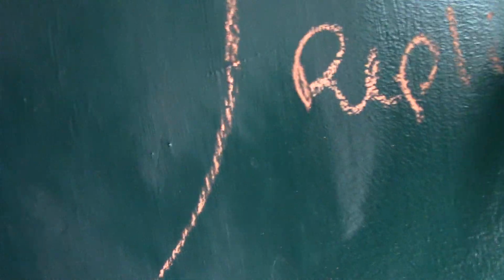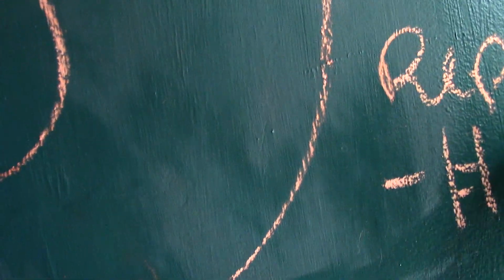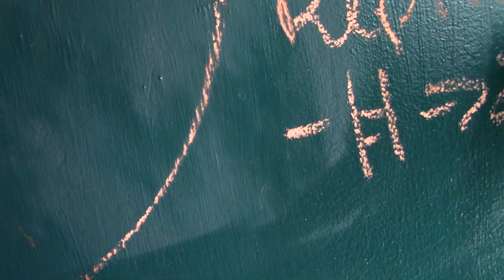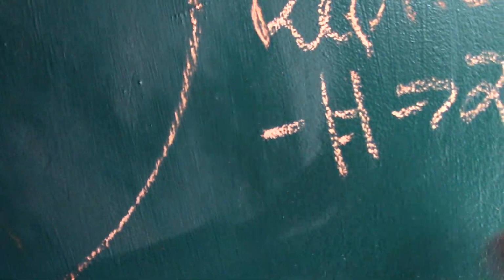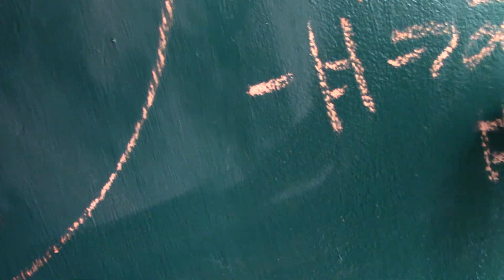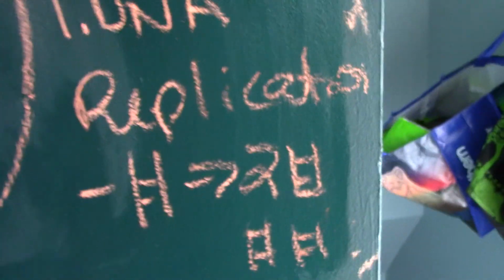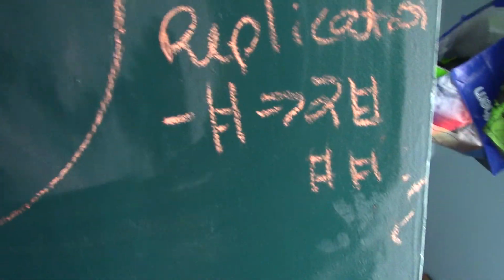So what happens is we always have DNA replication. You start with an original strand and make 2 DNA strands. So we turn from this and then get 2 of these. DNA replication is DNA that always makes 2 DNA, and it happens in the nucleus. Always. It never doesn't happen in the nucleus.